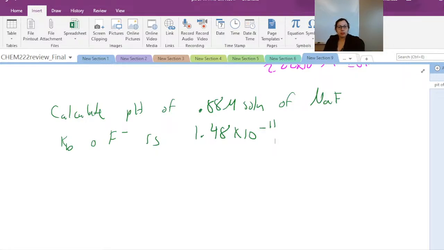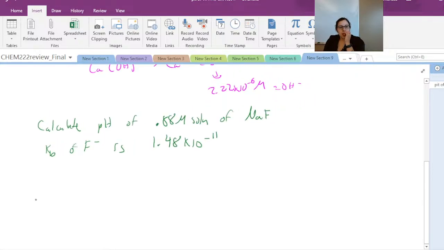I'm saying the Kb of the fluoride, because you have to now write the equilibrium constant. I'll help y'all along a little bit, since we haven't done Kb too much, but you still want to understand what your reaction is saying.